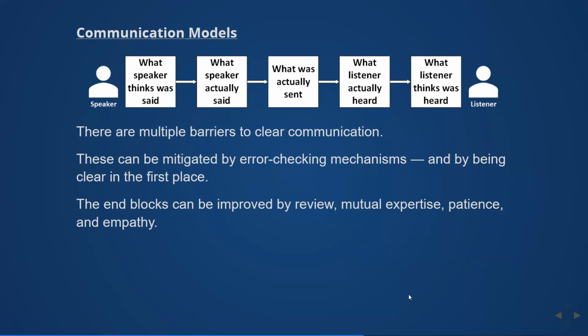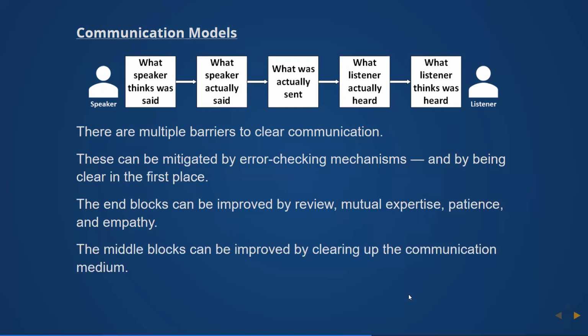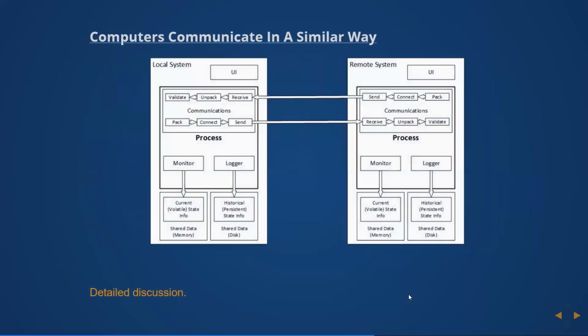So, your encoding and decoding by the speaker and listener can be improved by review, mutual expertise, patience, and empathy. And the middle blocks can be improved by improving the communication channel itself.